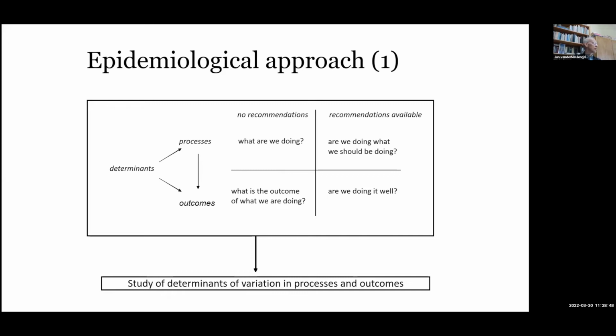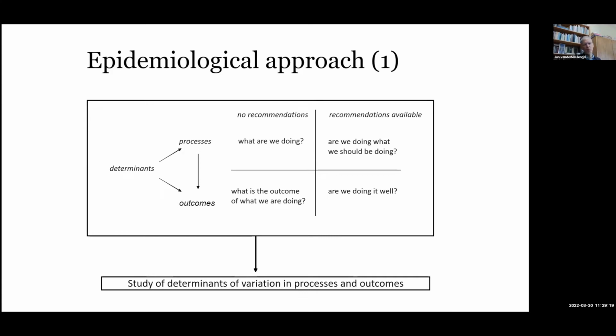And I'm always struck that in a lot of the work that we do, we work in a world where our analyses are more likely to give answers to questions where there are no specific recommendations. So more answering questions that can be summarized under the label "What are we doing?" than situations where we have recommendations for practice and where the questions turn into something like, "Are we doing what we should be doing?"